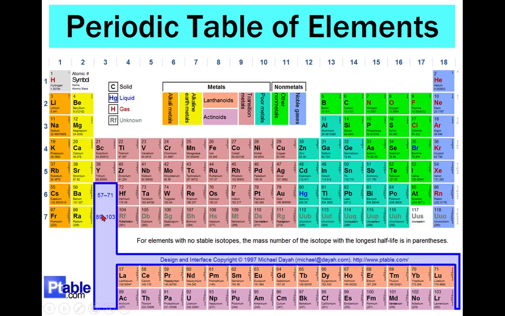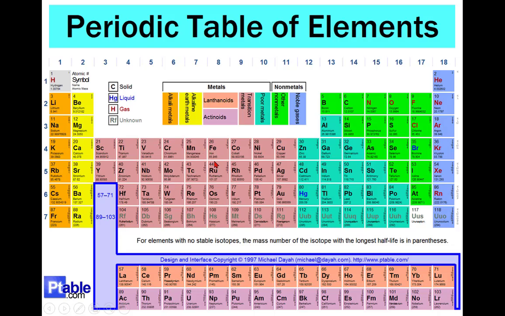That is why they are called inner transition elements, taken from the inner area. So these are also transition elements, and they have slightly different properties from the normal or outer transition elements. So this is a little bit of introduction about the placement of the transition elements in the periodic table.